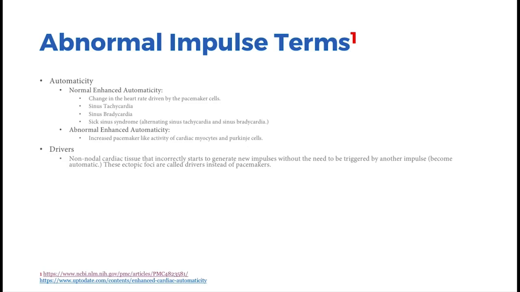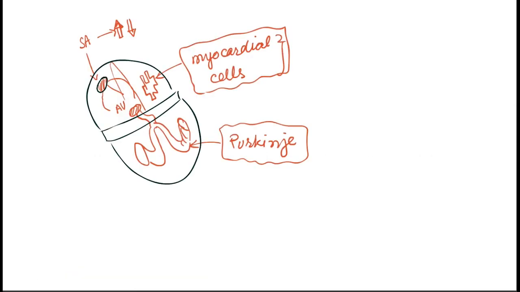Okay, moving on to the next one, the drivers. We talked about it as well last time. Drivers are actually all those abnormal tissues that are not pacemakers but that have become pacemakers and that have started depolarizing. For example, in case of atrial fibrillation, we saw that the myocardial tissue cells that were around the pulmonary vein opening.